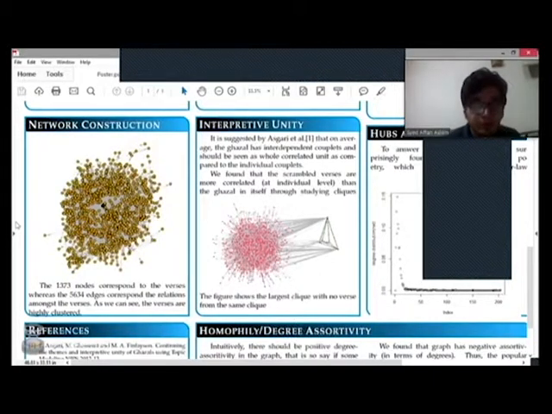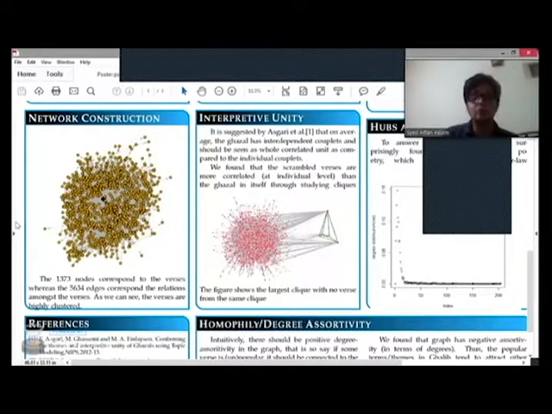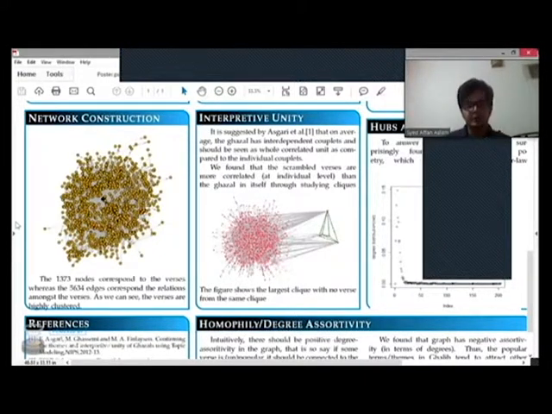There are no disjoint clusters here. It also implied that there is some form of interpretive unity at the ghazal.